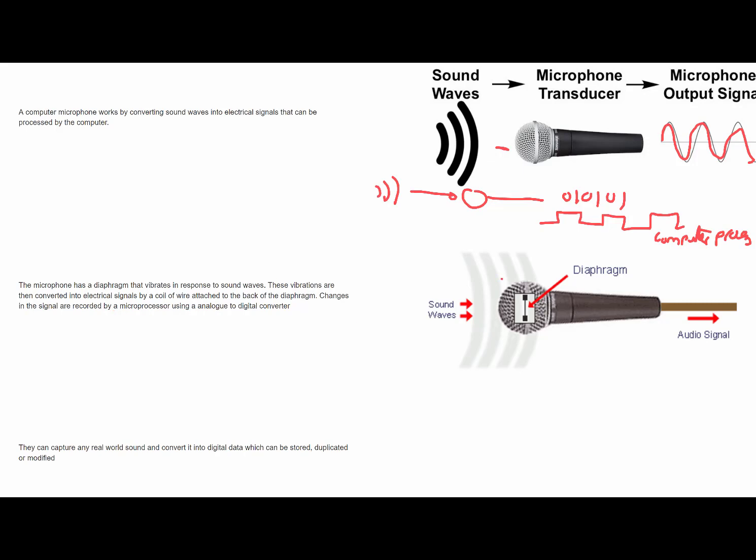The microphone has a diaphragm inside of it. That diaphragm responds to the vibrations in the sound waves. So if I'm shouting, if I'm being quiet, it can adapt. These vibrations, old school, would be turned into signals which you can hear on the speaker. But for computers, it gets turned into electronic signals, which are then sent to a microprocessor, shock horror.